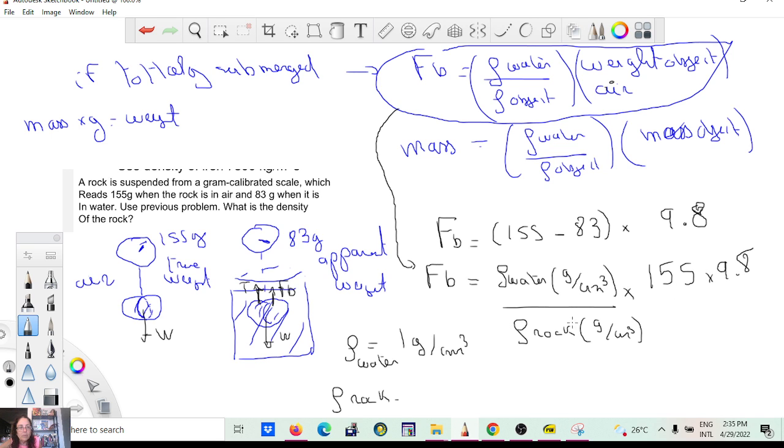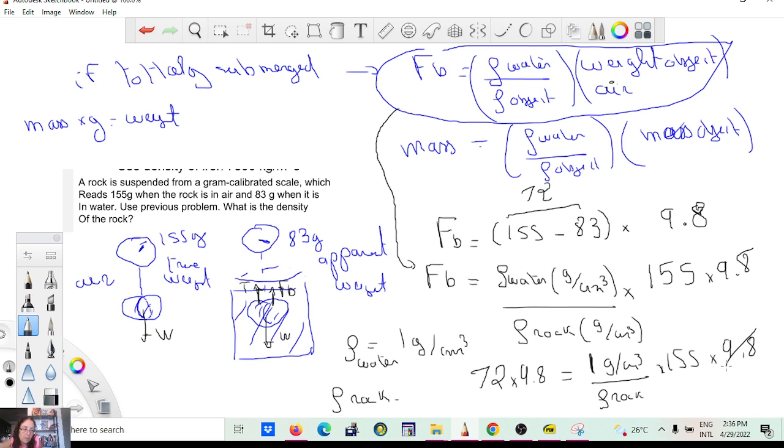So these are going to be equal to each other. And 155 minus 83 is going to be 72. So we're going to have 72 times 9.8 equals rho of the water, so it's 1 gram per cubic centimeter, divided by rho of the rock, so density of the rock, times 155 times 9.8.